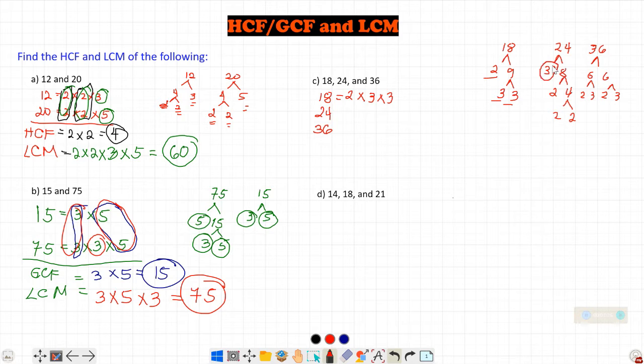And for 24, it will be 2 times 2 times 2 times 3. And for 36, it will be 2 times 2 times 3 times 3.